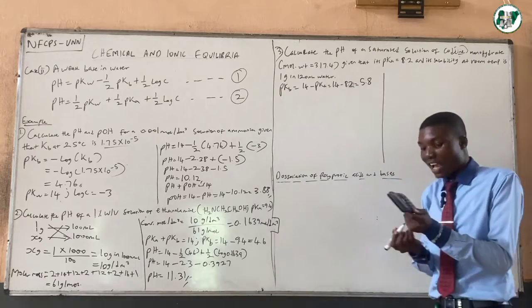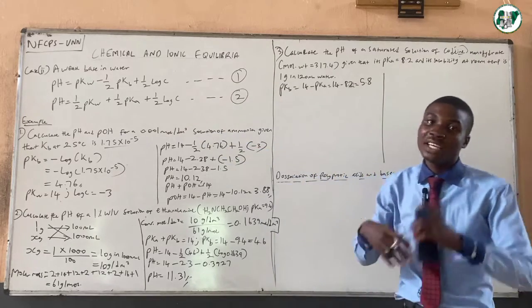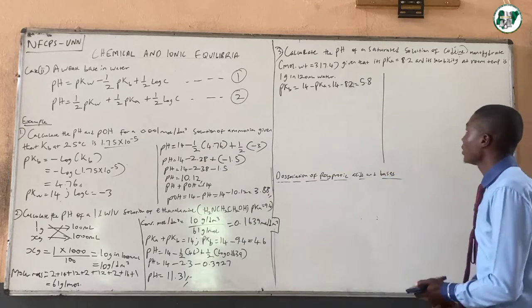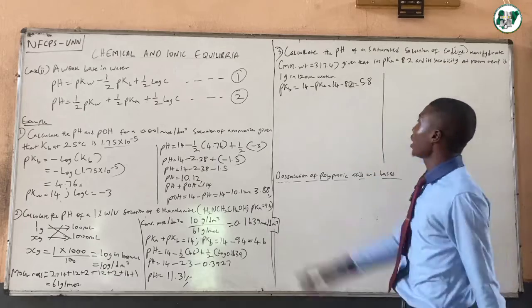So our pKb is 5.8. Meanwhile, if I'm working with this one directly, we will not need to do any conversion, but it will still give you the same answer. You can do your findings and tell me what you think about that in the comment section. So let us make progress.